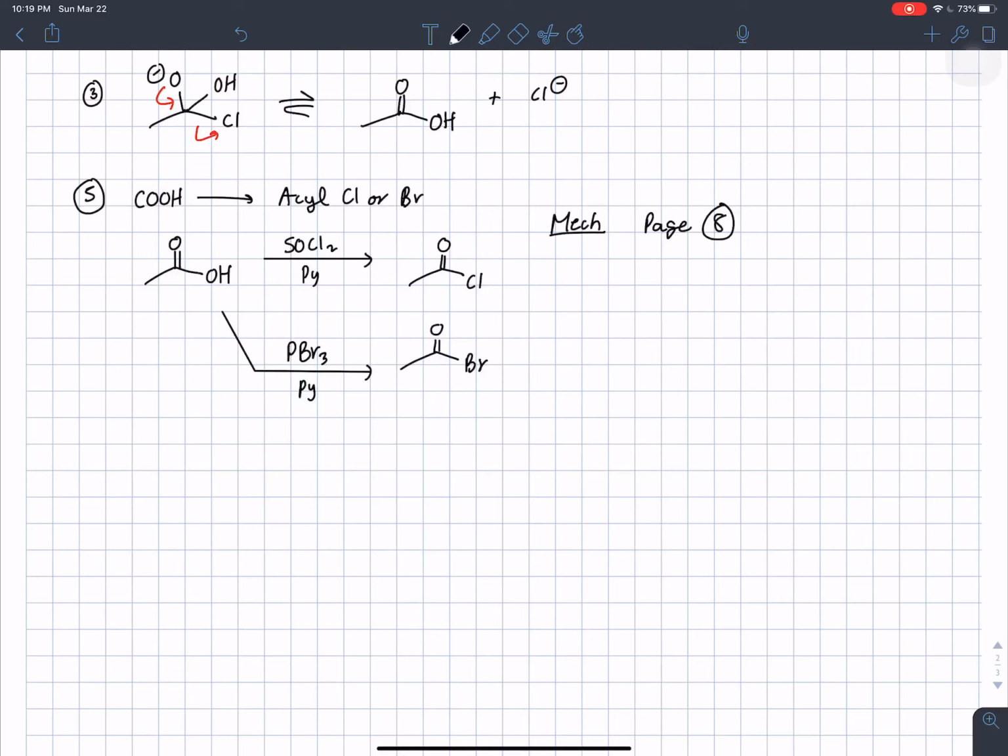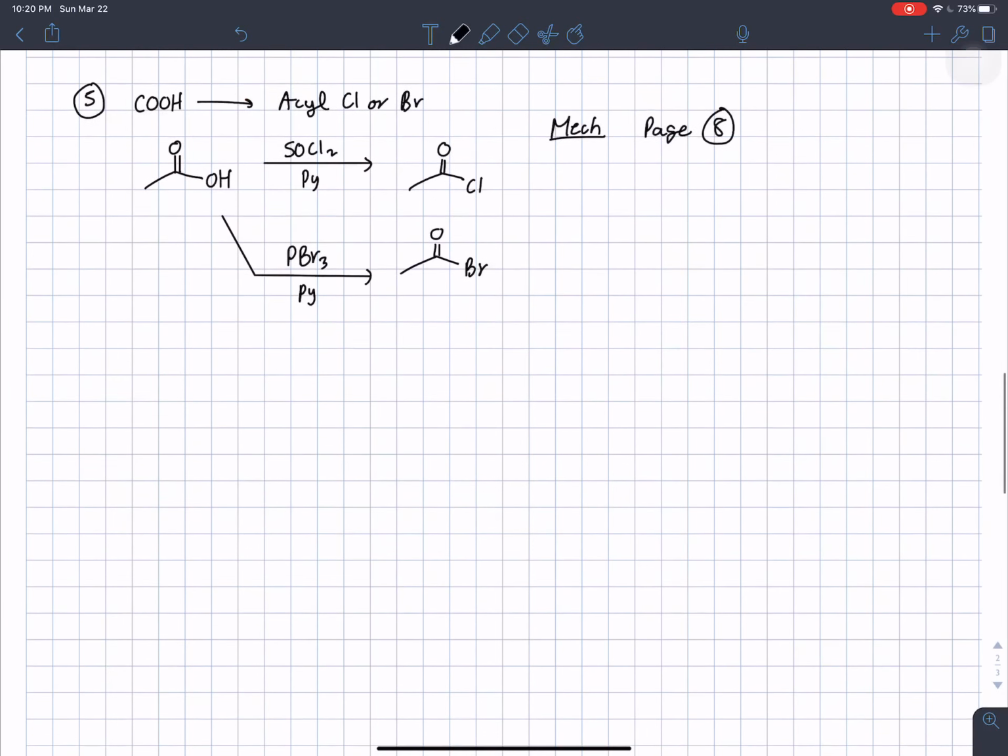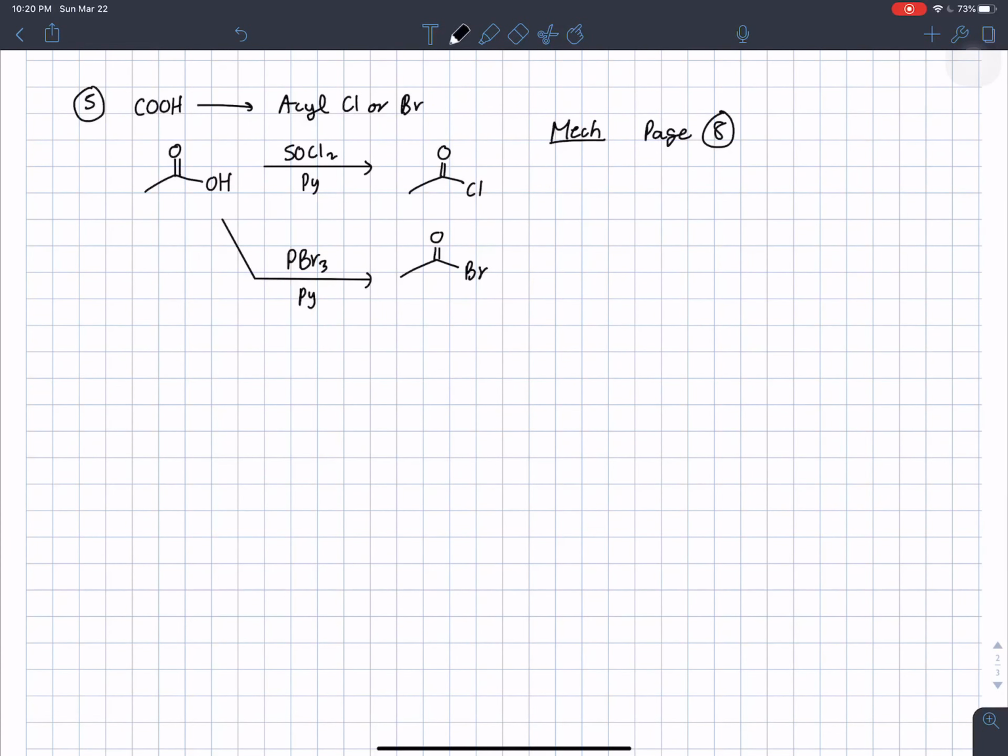I would just look at that one. I had learned it a little bit differently. It's essentially the same thing, but just look in your notes for this one. It might be 4 steps, but it's not that long. You don't really do it with Br, but you do it with SOCl2, so you'll see it. All right. Let's go to number 6.